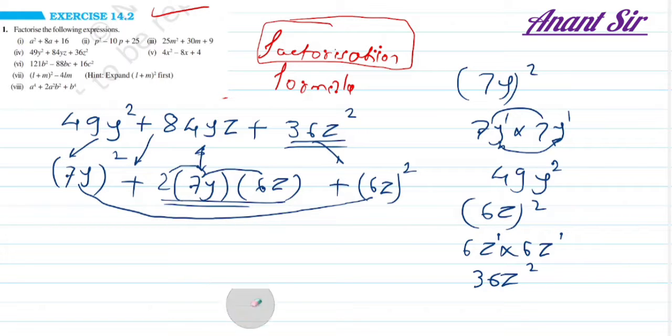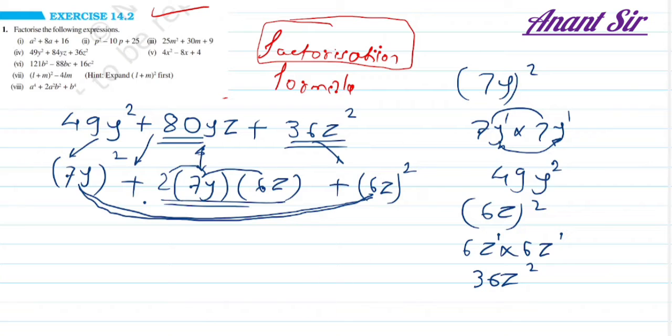Yes, we get it. In any question, if we don't get the middle term, then what will we do? If, for example, it was 80 here, then we wouldn't get the middle term by multiplying these two terms by 2, right? So that's why we cannot solve this question by this method.